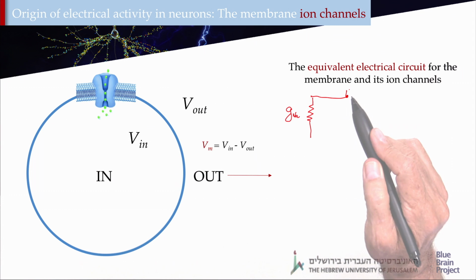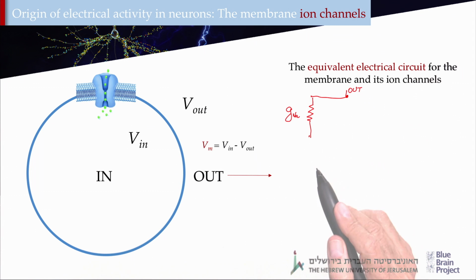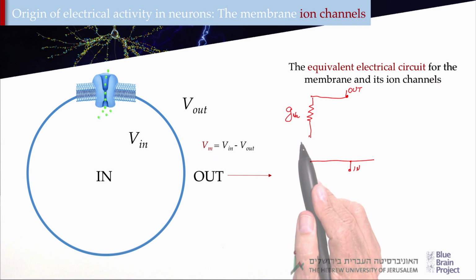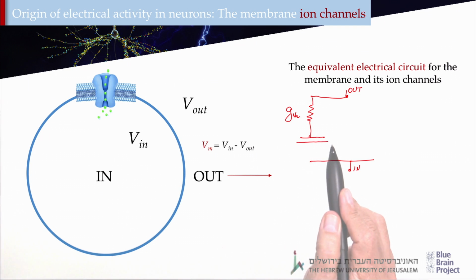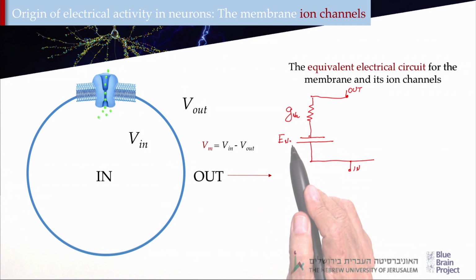This will be the outside of the membrane, and here it will be the inside of the membrane. And here I draw the battery. So this is now the battery, the Nernst potential for this ion.